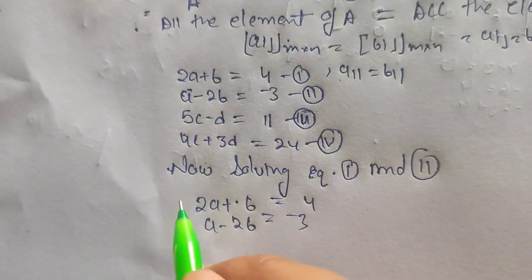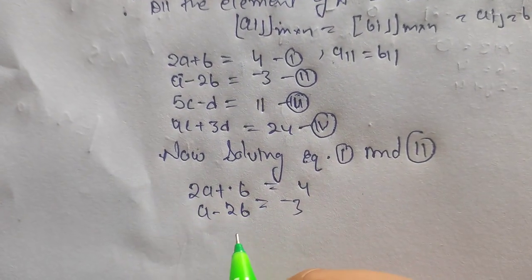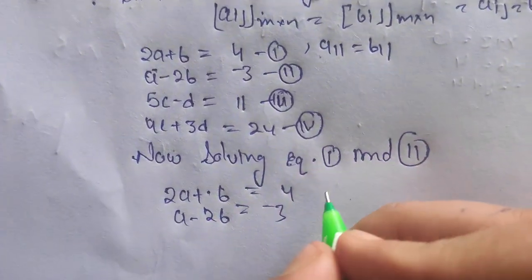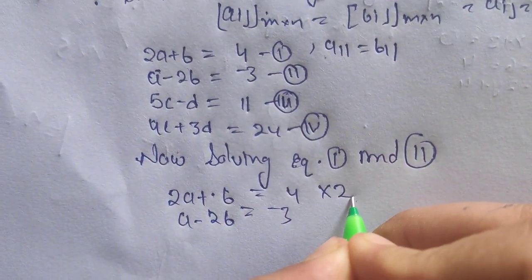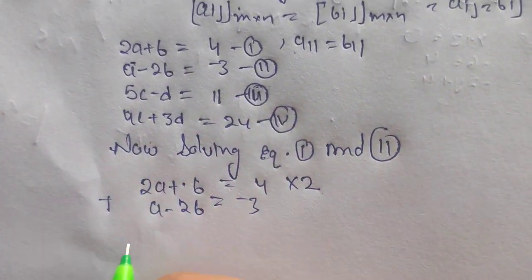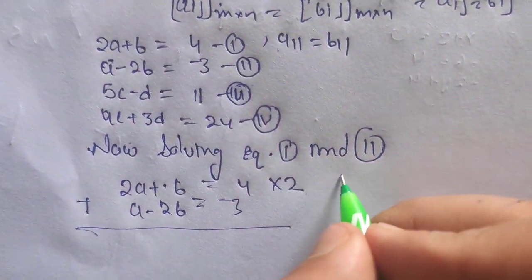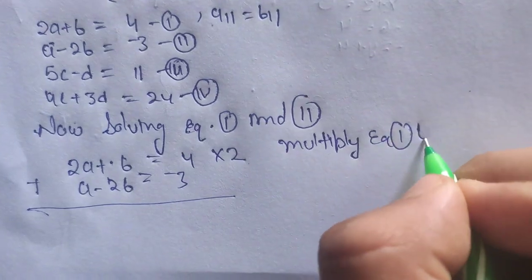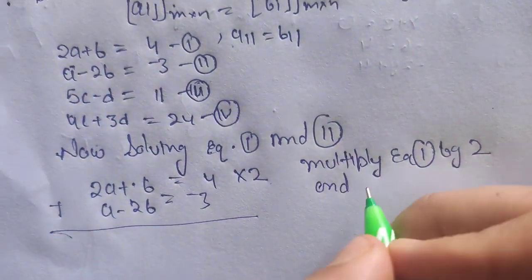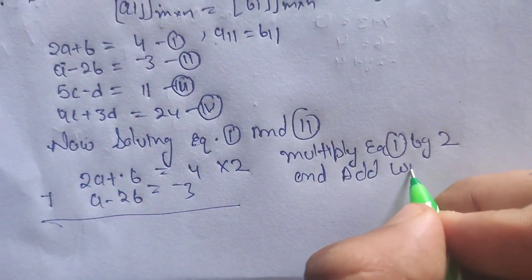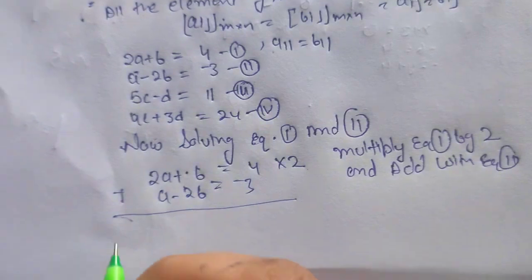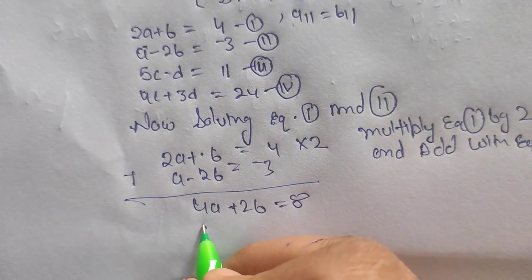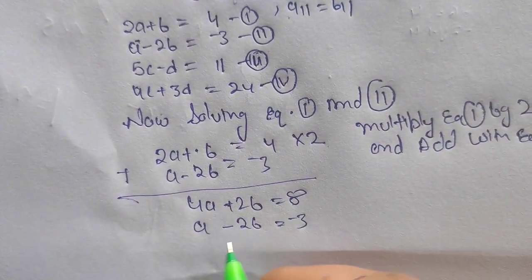If we add these two, multiplying equation 1 by 2, so multiply equation 1 by 2 and add with equation number 2, we get 4a plus 2b becomes 8, and a minus 2b becomes minus 3.